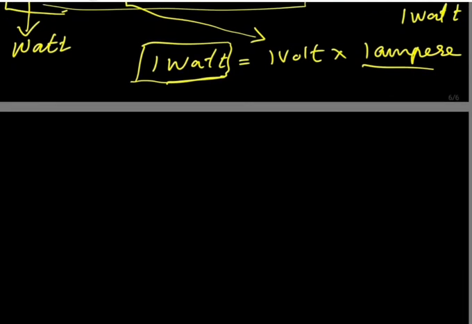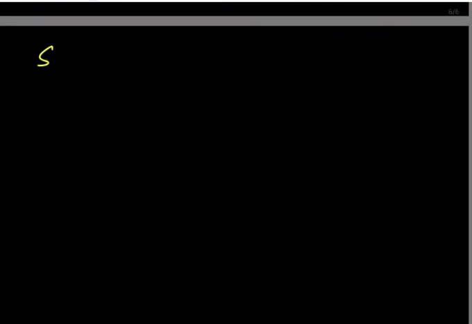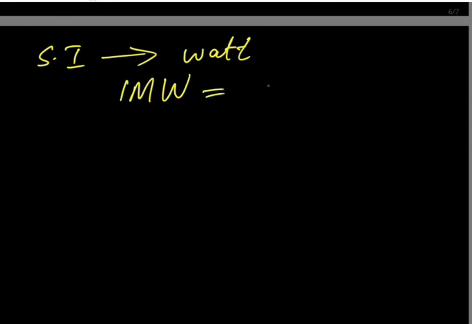For electrical power, even though the SI unit is watt, we have other units also to represent power. One of the higher units is megawatt. So 1 megawatt is actually 10 raised to 6 watt. Also 1 kilowatt. Kilo means 10 raised to 3 watt.